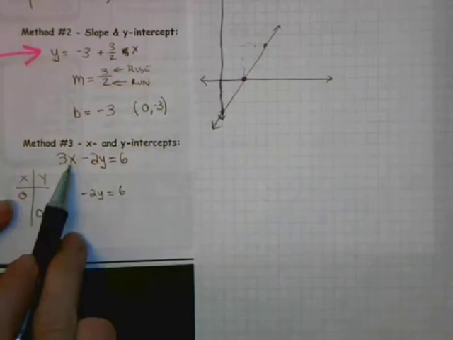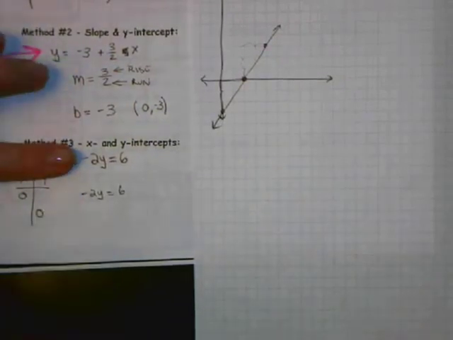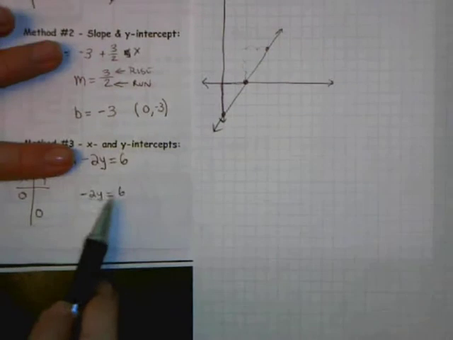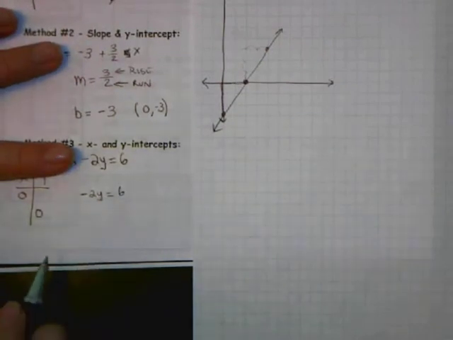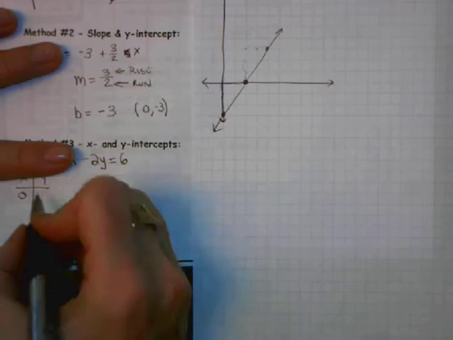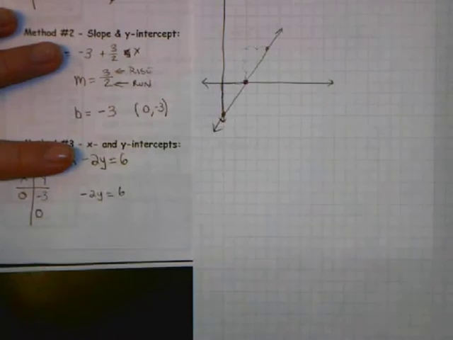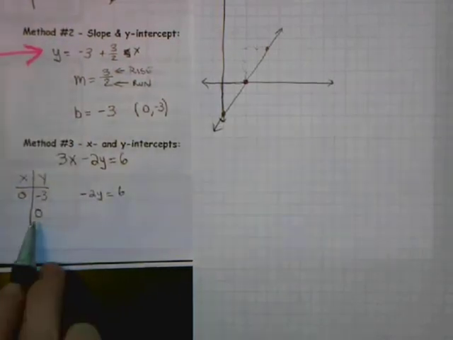When I replace this x with a 0, this term goes away, and I'm left with a simple one-step equation that I can do in my head. I divide both sides of this equation by negative 2, and I get y equals 6 over negative 2, which is negative 3.